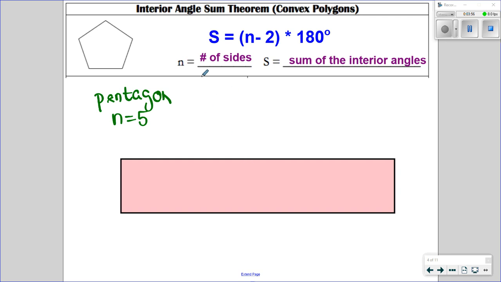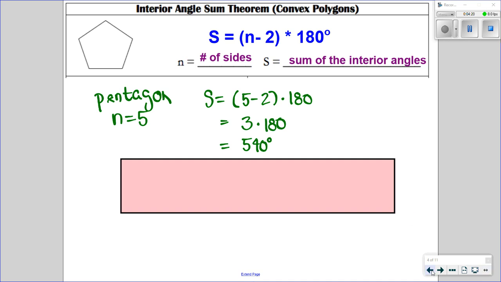So then we would just plug it in to find the sum of the interior angles. So n would be 5, minus 2, times 180. And then you subtract, it gives you 3 times 180. And then that will equal 540.